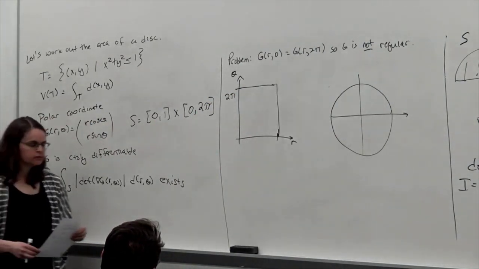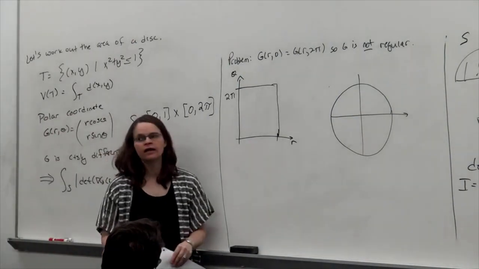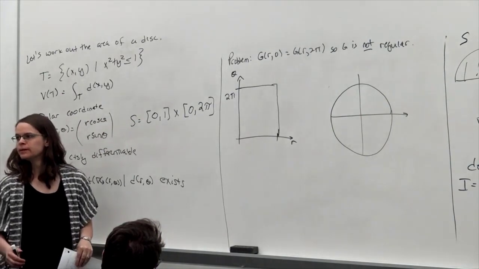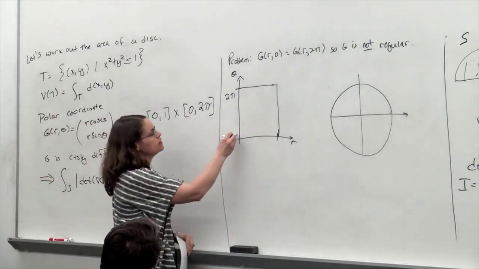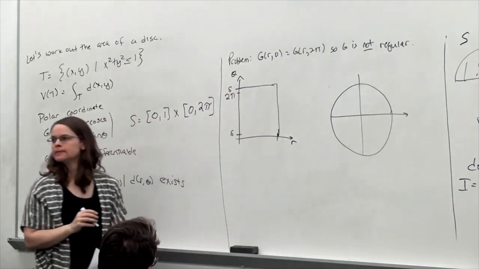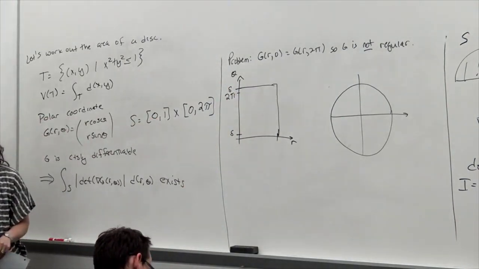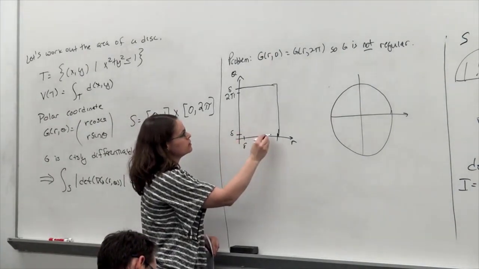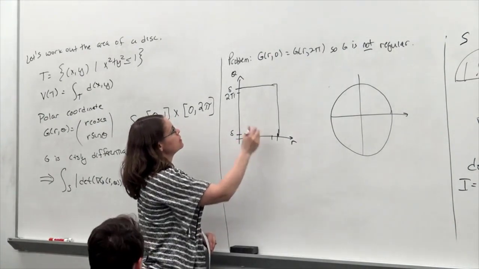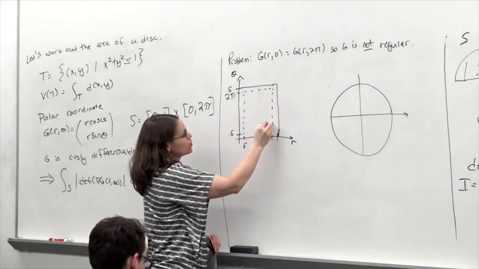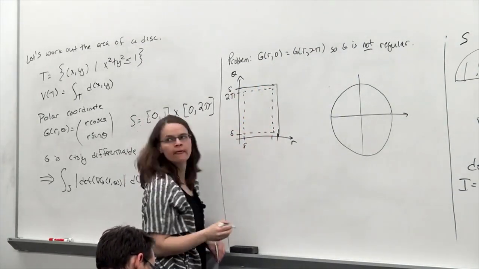Okay, so the real answer here is just to say, let's start with a slightly smaller set. So let's take a little delta here and a little delta here. And let's work with slightly smaller sets.